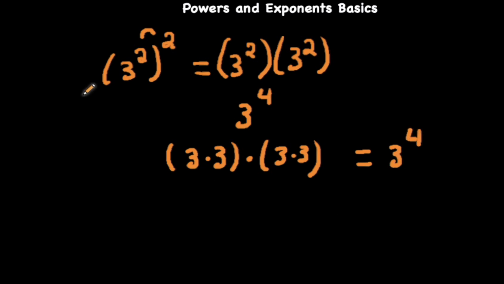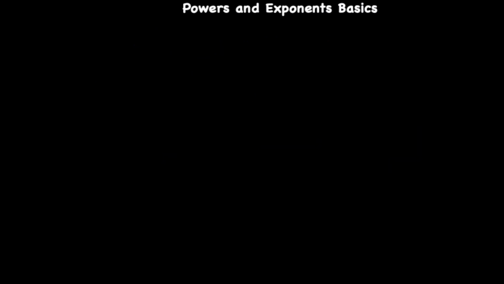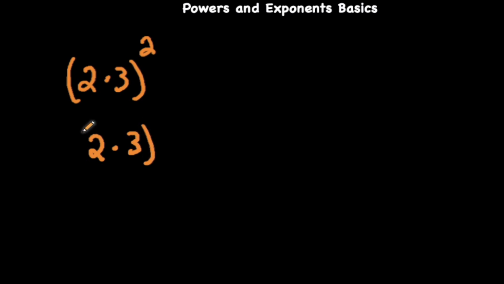All right, and one final example. So let's say that you have 2 times 3 in parentheses raised to the 2nd power. So there's actually 2 different ways of looking at this.